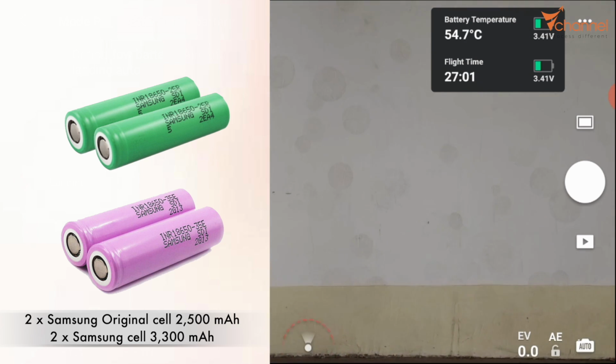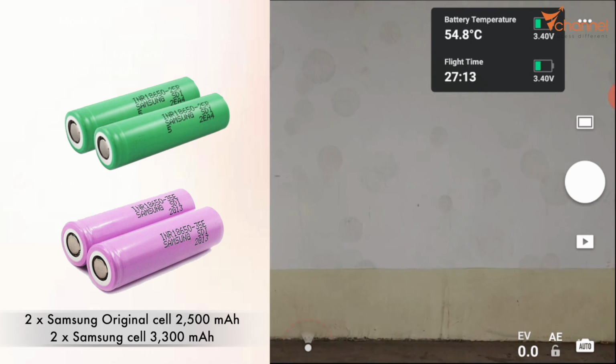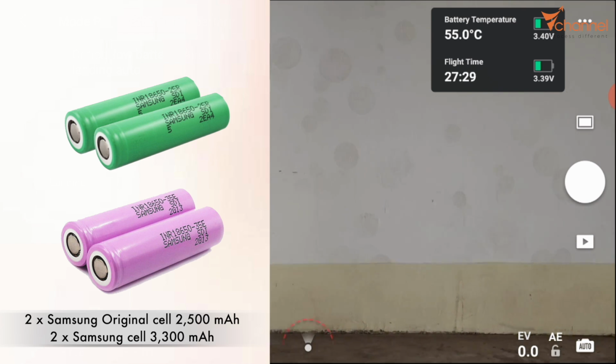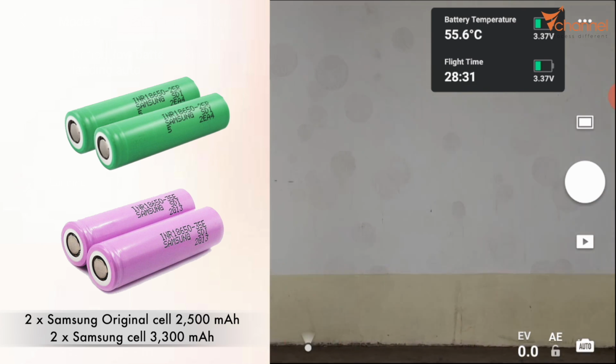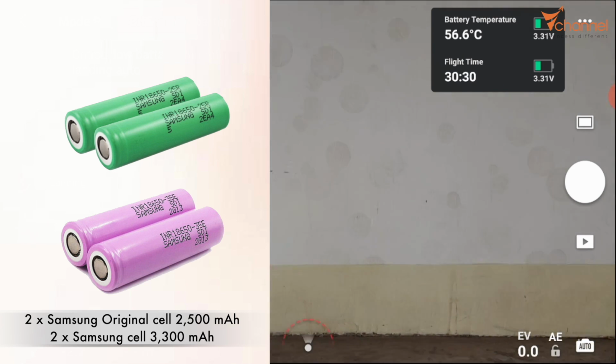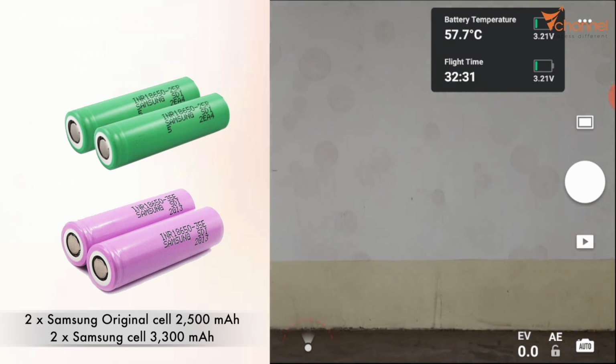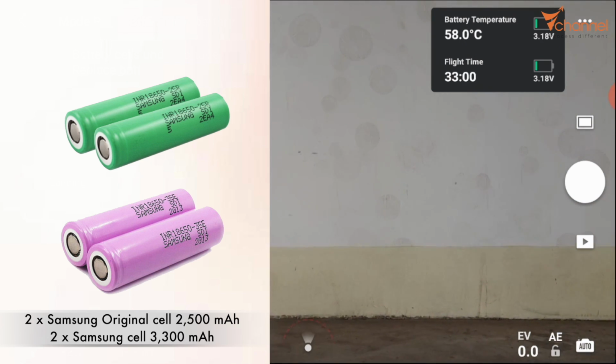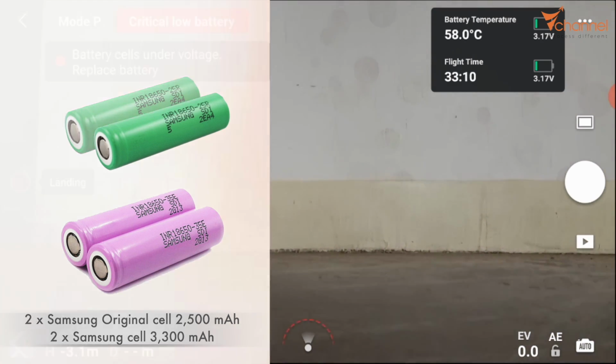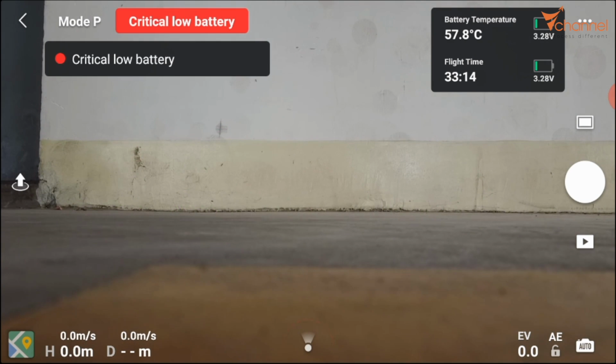We reach 27 minutes with 3.4 volt. 33 minutes 14 seconds. We have over 6 minutes extra. The difference is not too much compared to the blue cell.